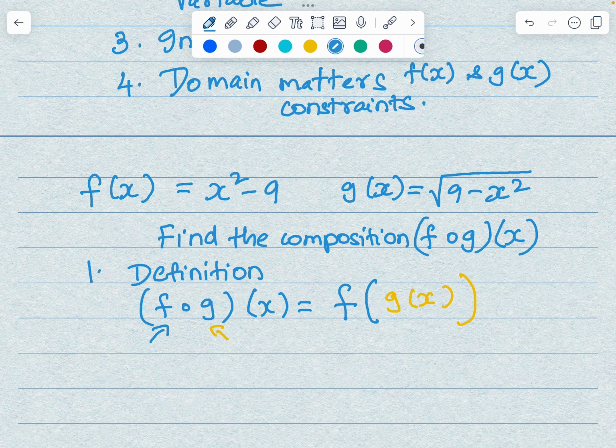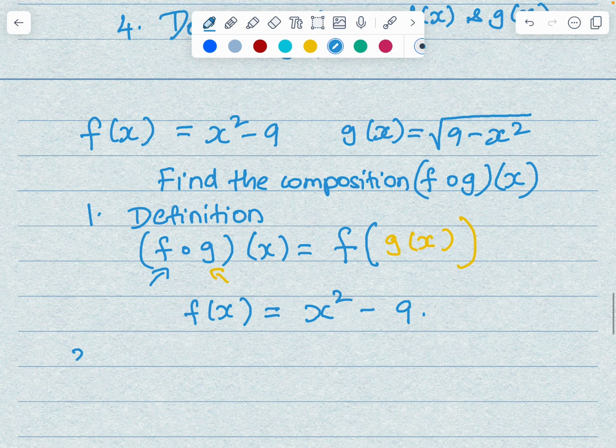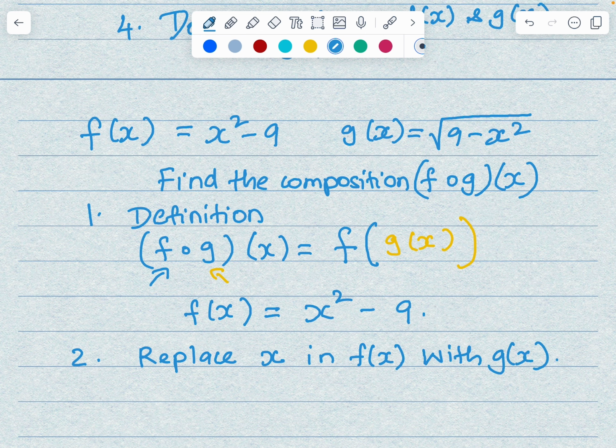And so what is our f of x? x squared minus 9. So replace x in f of x with the function g of x. So it's going to become root of 9 minus x squared.